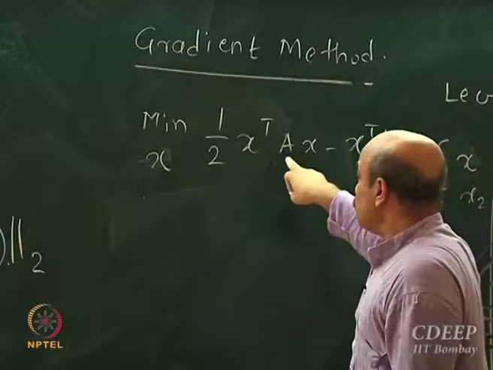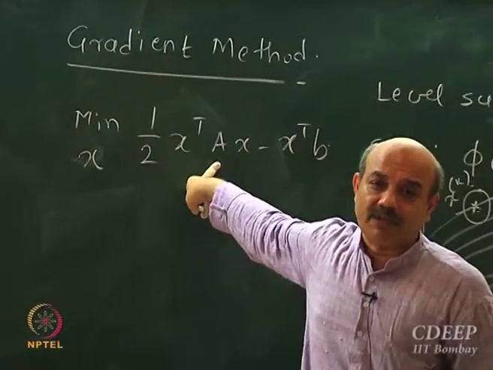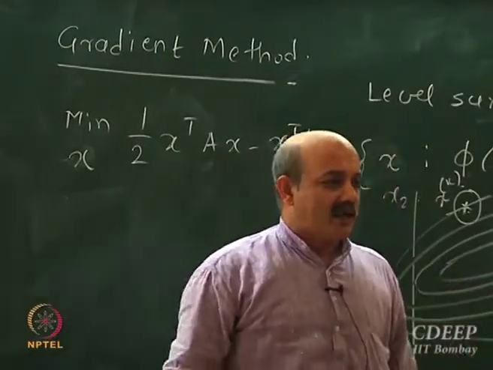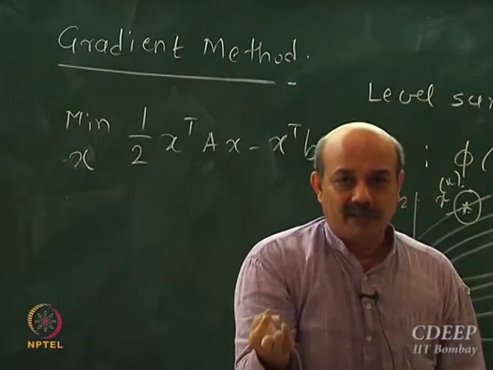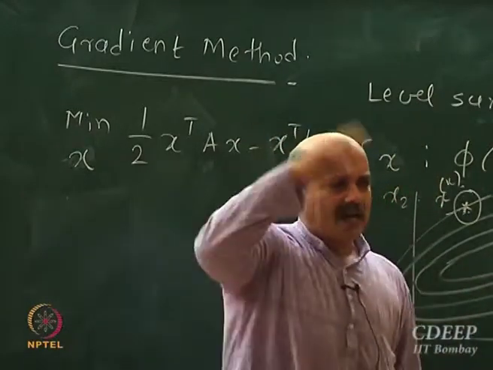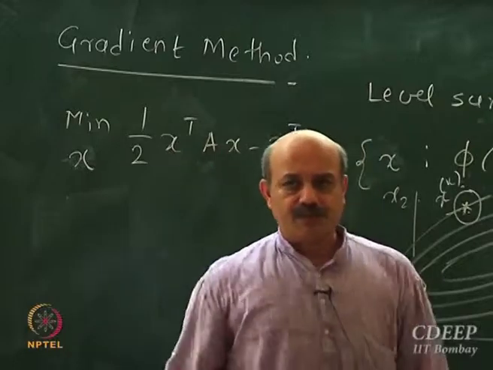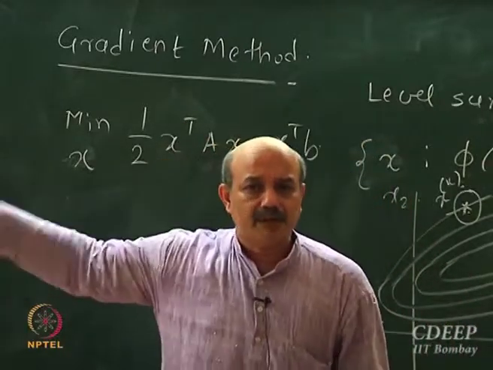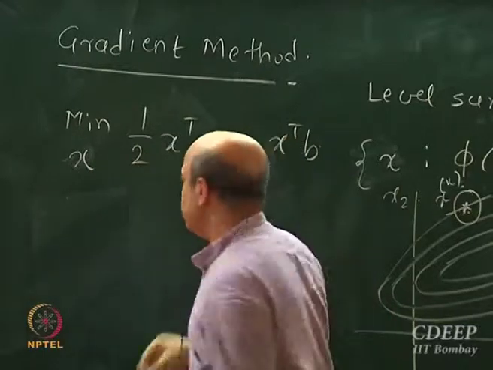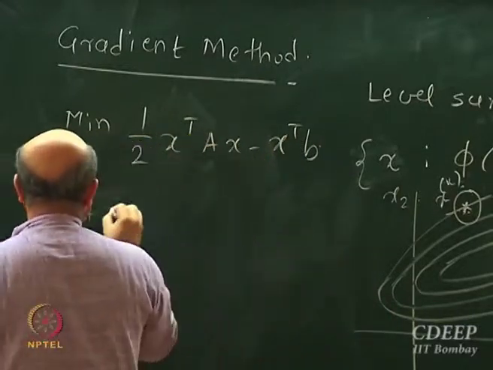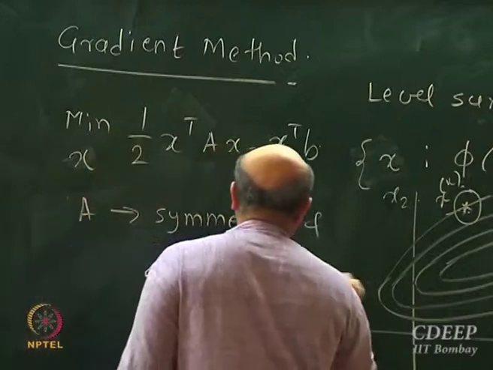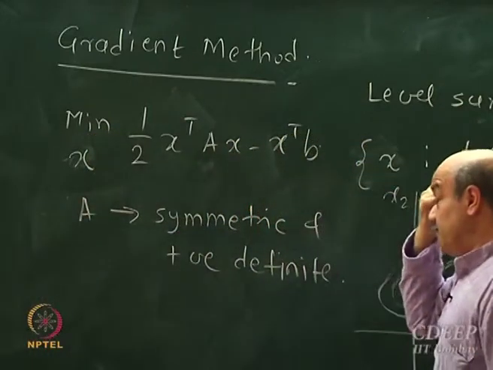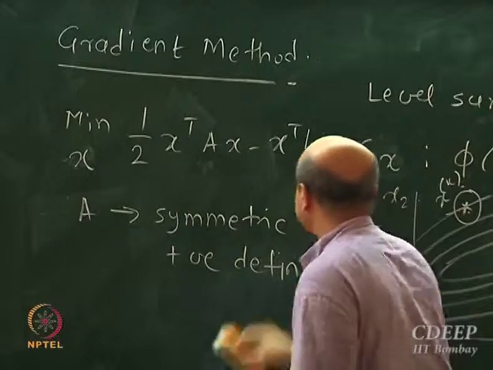I'm going to solve for the case where A is symmetric positive definite. If your matrix A is not symmetric positive definite, what to do you know already: pre-multiply both sides by A transpose. So for deriving the algorithm, for simplicity of notation, I'm going to look at the case where A is symmetric and positive definite.